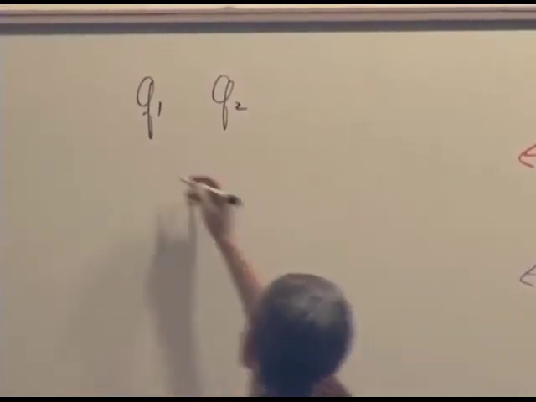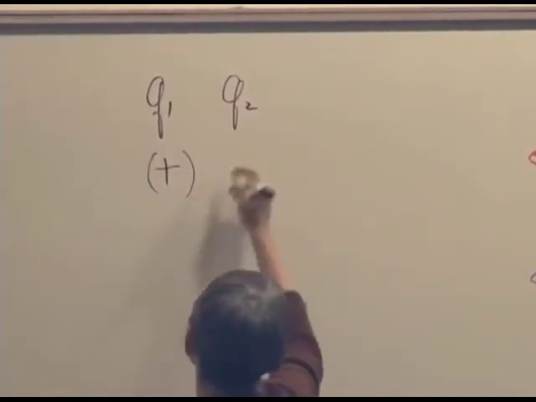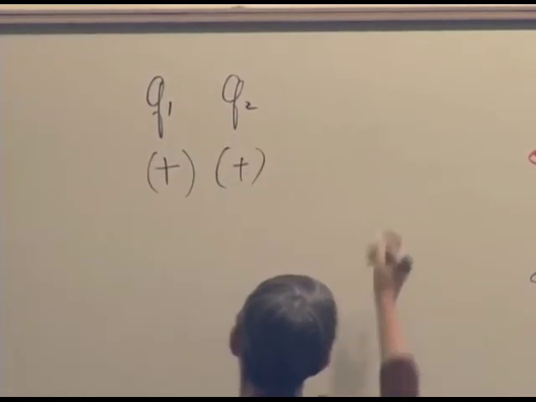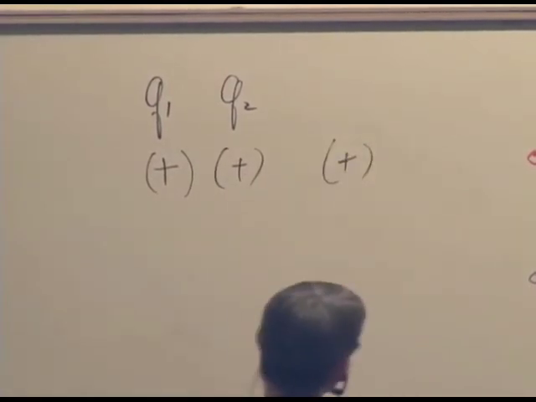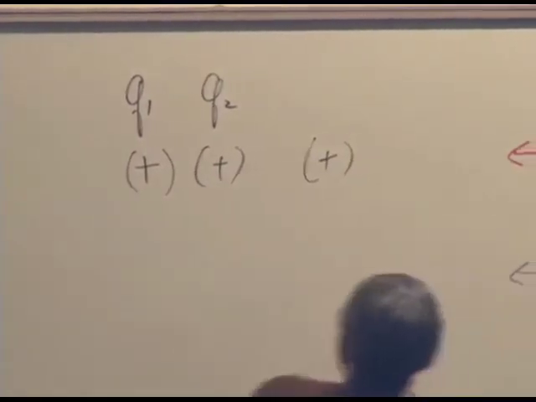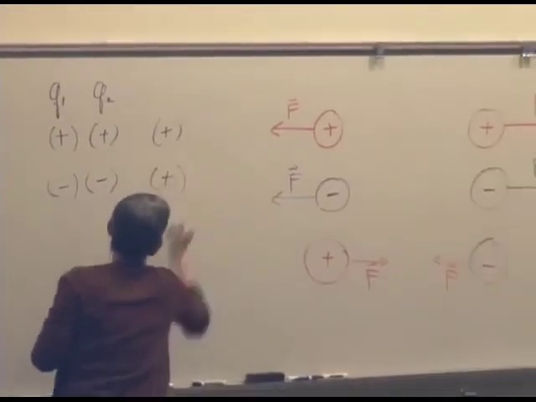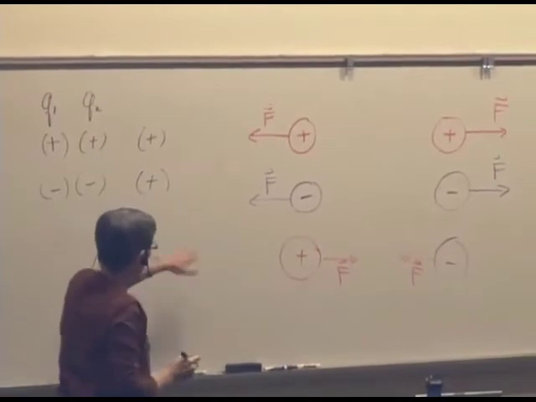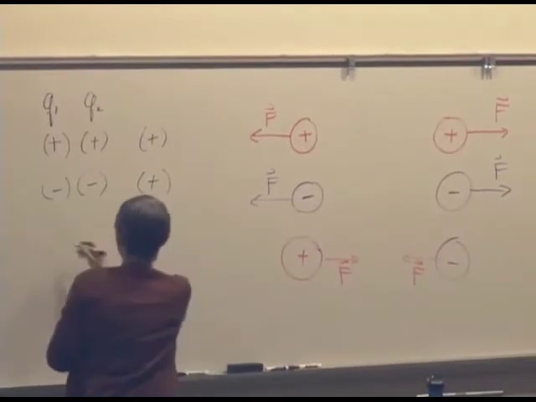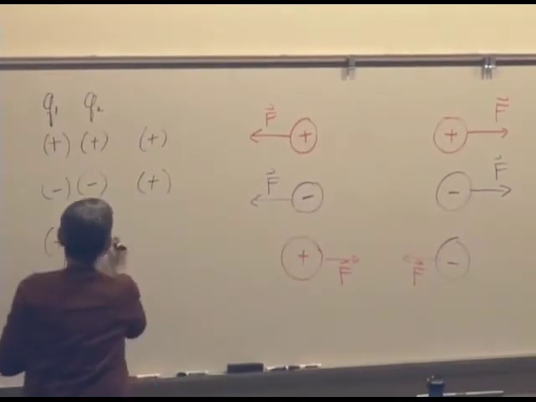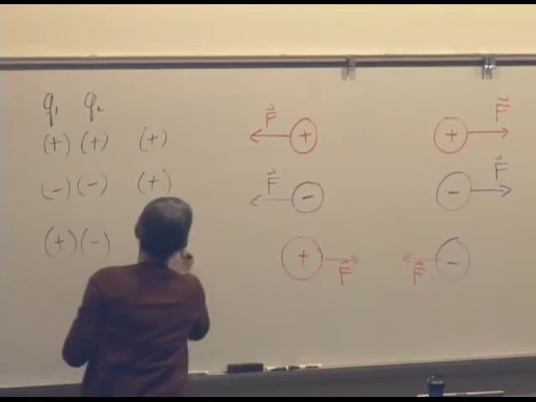In this case, we'd have some positive number times some positive number, so this would come out positive. And here we'd have some negative number times some negative number, so it would still come out positive. But in this case, we'd have a positive number times a negative number, and so the result would be negative.